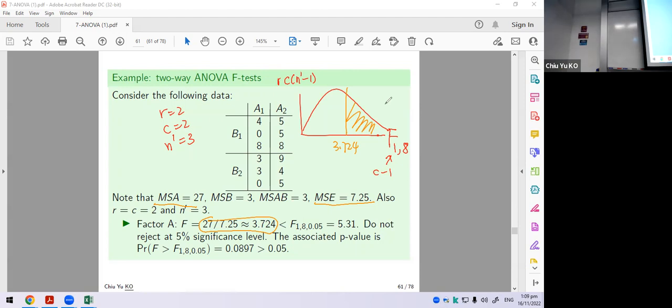And then the p-value, how do you calculate that? It's just 1 minus F dot this 3.732, and then 1 and 8, and then true. And it turns out this is 8%.